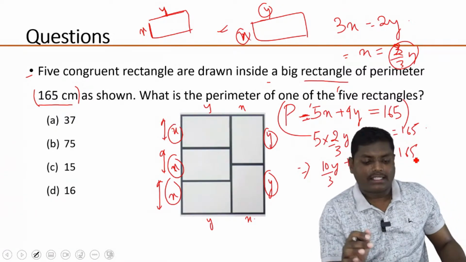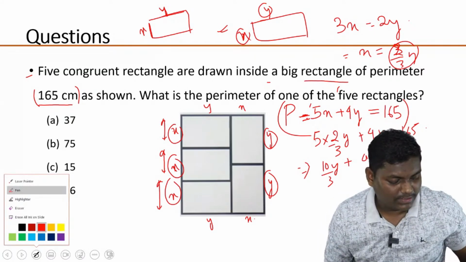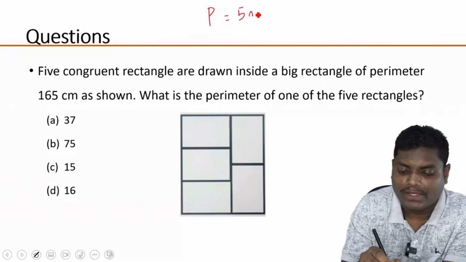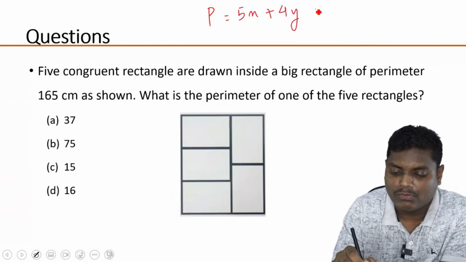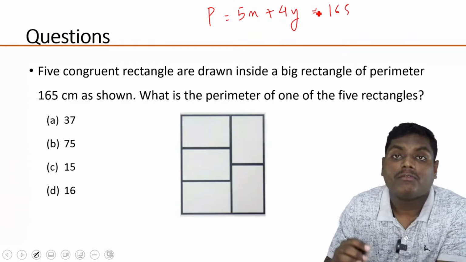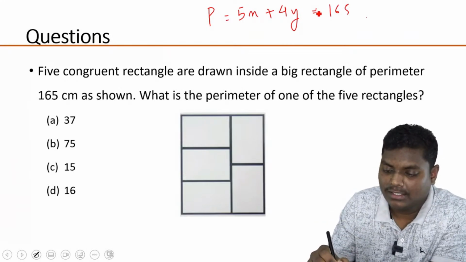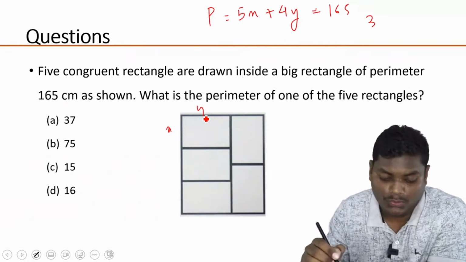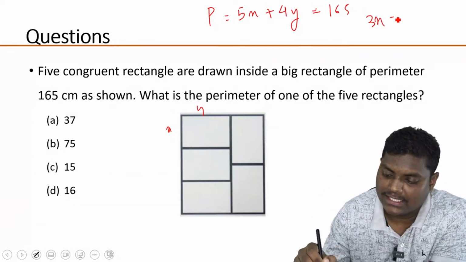I'll just clean this up and write it in the upper side. So what we have got: perimeter is 5x plus 4y is equal to 165. We have also seen that 3x is equal to 2y.